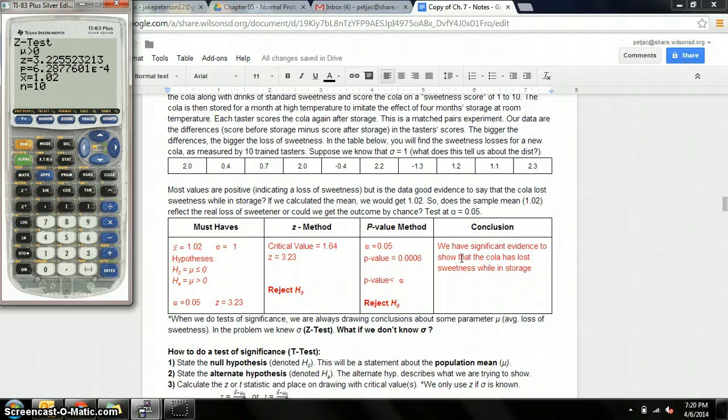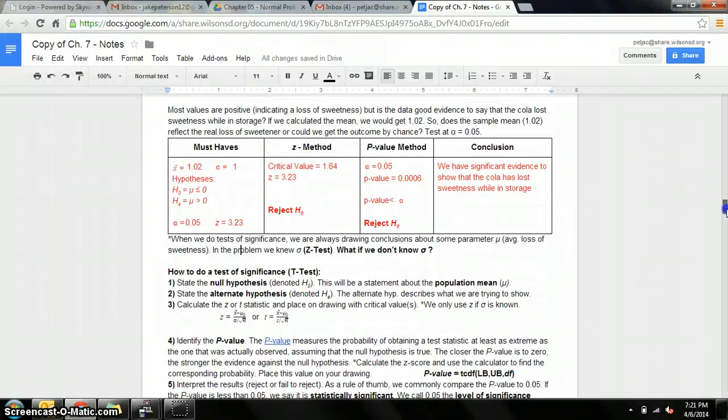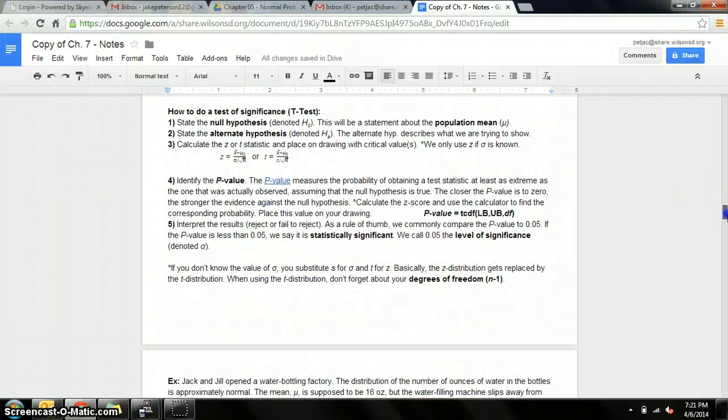Okay. So in this case, and I brought this up earlier, it was important that we know the population standard deviation, because that would tell us to do a z-test. But if we don't know it, we have to run what's called a t-test, which was the other option on this. There's not too much different to it.